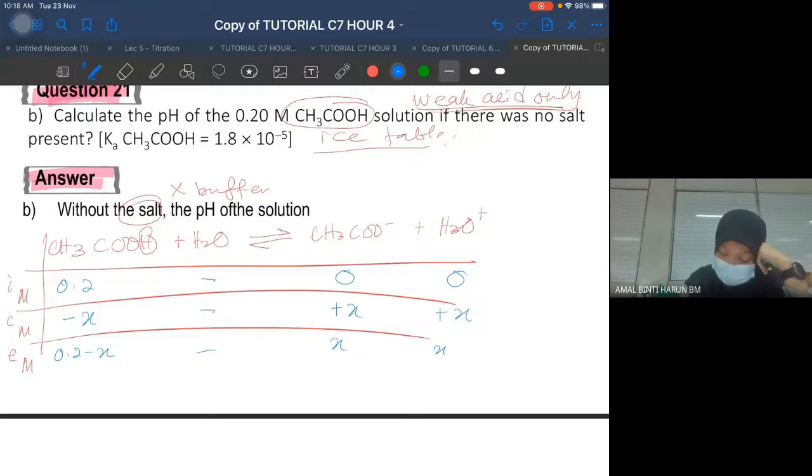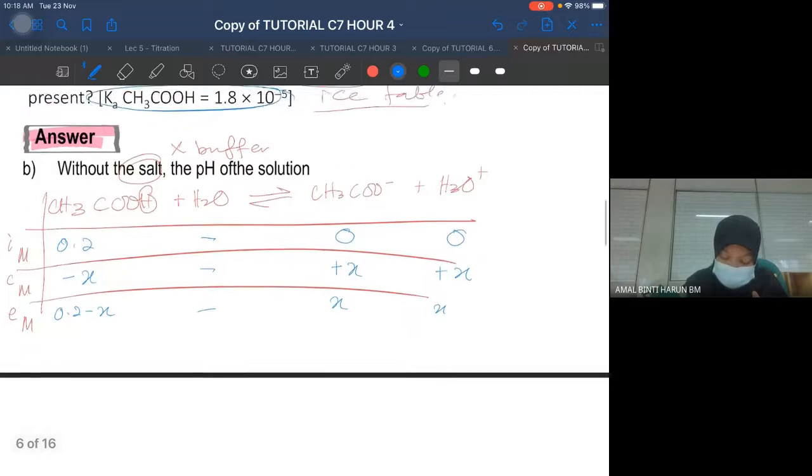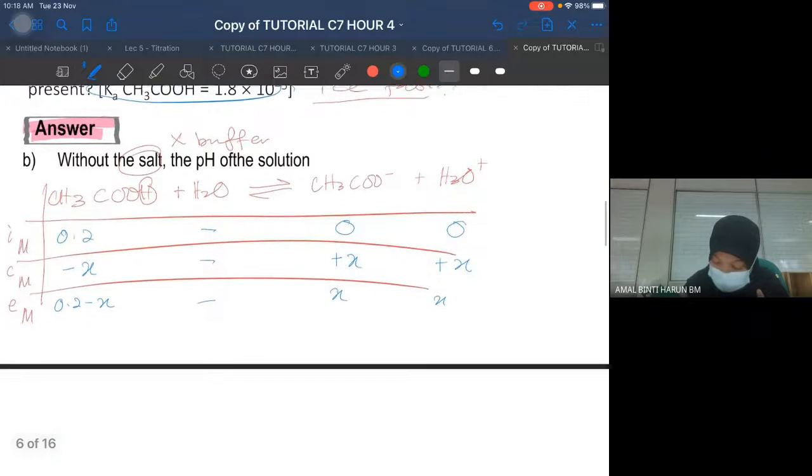Then how to solve the x? Either you are given the Ka or you are given the alpha, degree of dissociation. So here we are using, okay, we ada dua cara when you are given the Ka. Okay, first we substitute into the Ka expression, sebelum pergi dua cara tu kan.